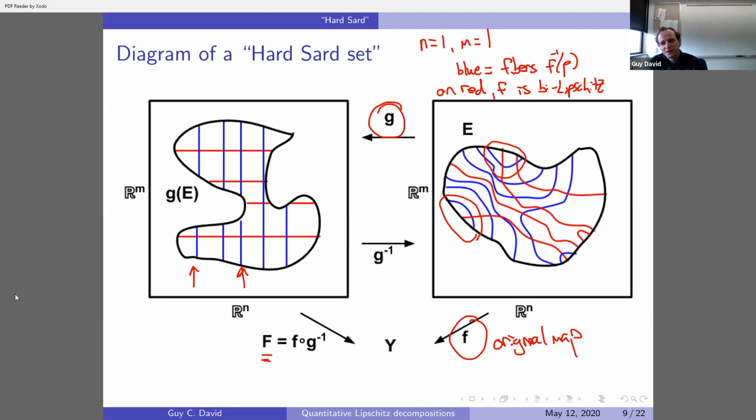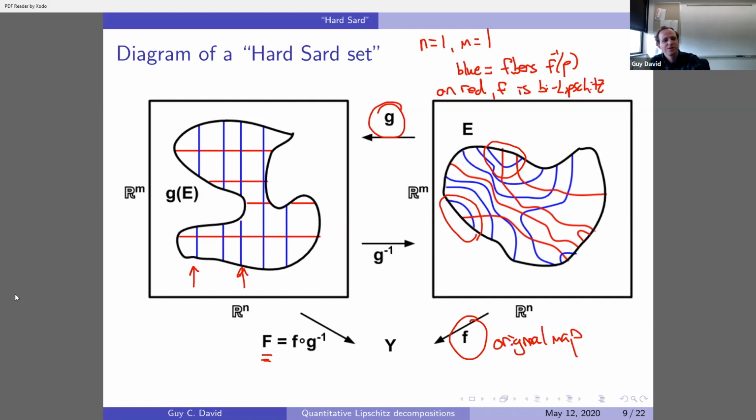So after this change of coordinates, your mapping looks like an orthogonal projection. What is slightly misleading about this picture is that what I drew is some kind of open connected set, whereas in general, this Hardside set should just be some measurable set, but it's hard to draw a measurable set.